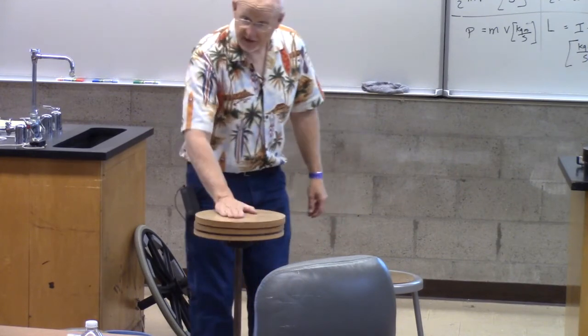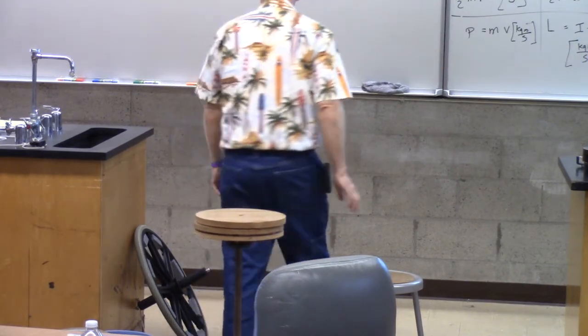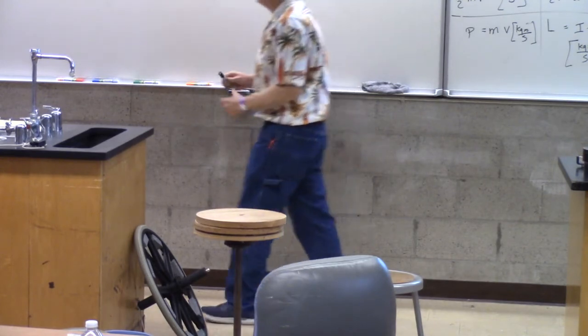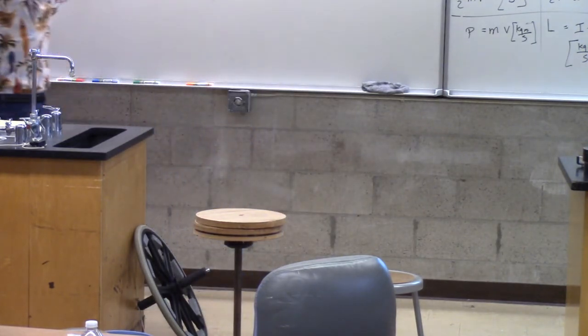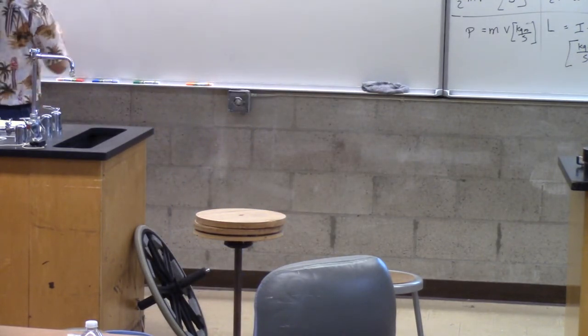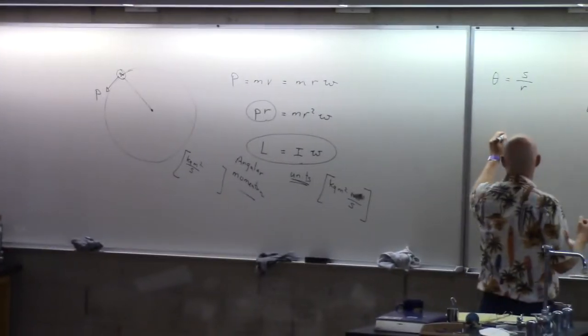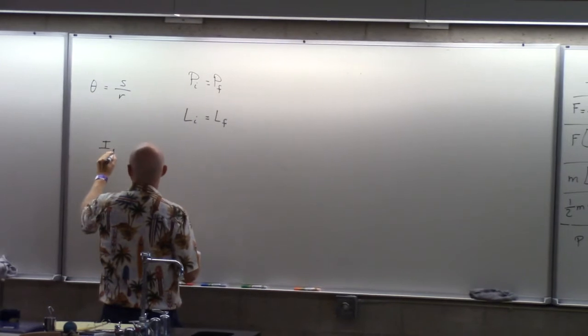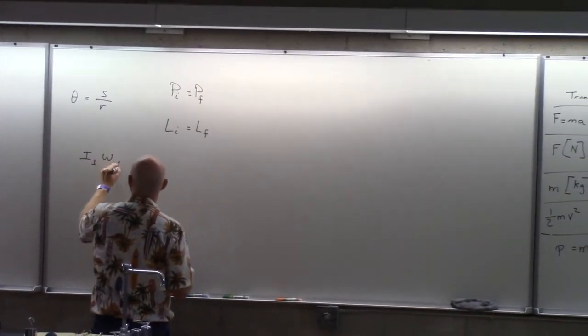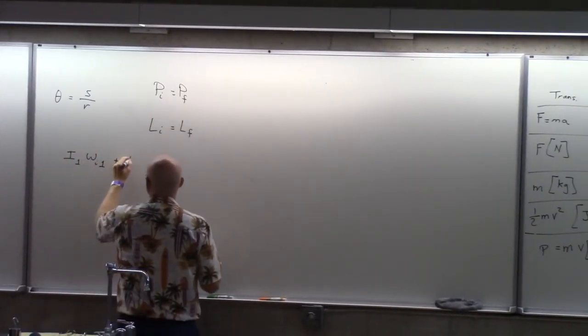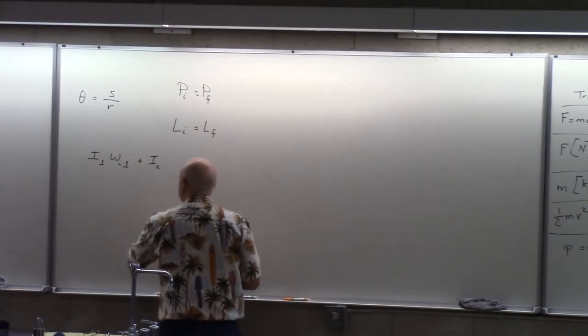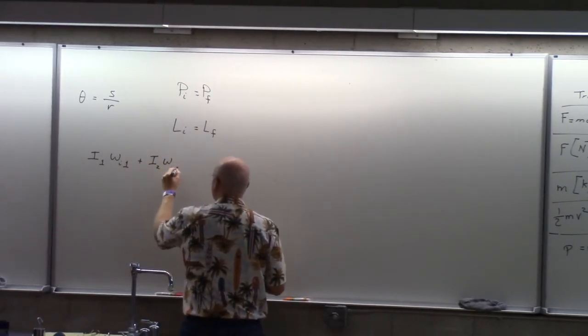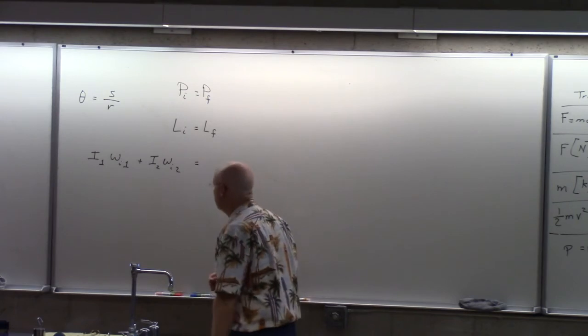And so let's give this a try, just like we would have done with the translation. I would have come over here and said, okay, how much angular momentum do I have to start with? And using this idea of angular momentum, I would say I had an inertia of the first one times the initial speed of the first one, then an inertia of the second one times an initial speed of the second one.